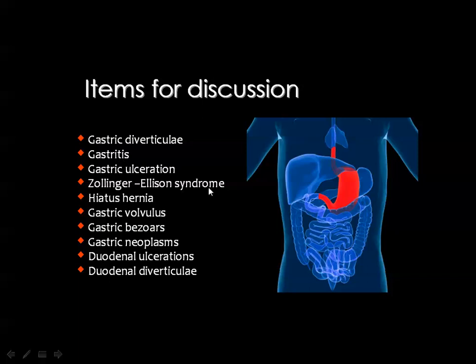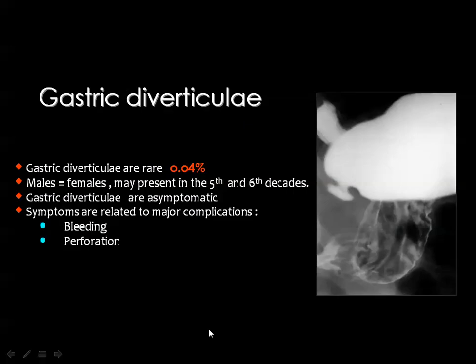The Zollinger-Ellison syndrome and hiatus hernia have been discussed with the esophageal sector. Then gastric volvulus, gastric bezoars or foreign bodies, and the gastric neoplasms. We will also have a look at the duodenum, considering ulcerations and diverticula.